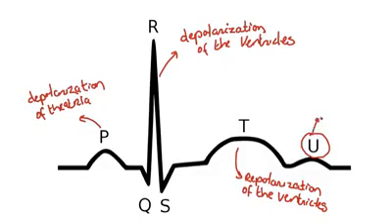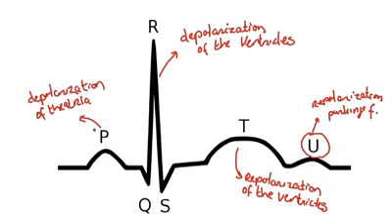And some people think that it's the repolarization of the Purkinje fibers. And it's also thought to be the repolarization of some other specialized muscle cells. But we're not going to go into that.